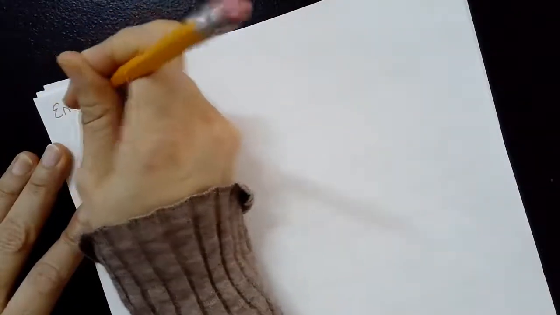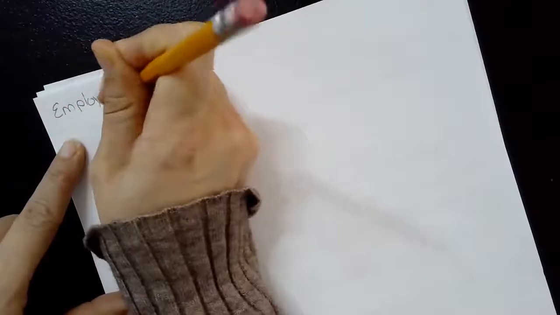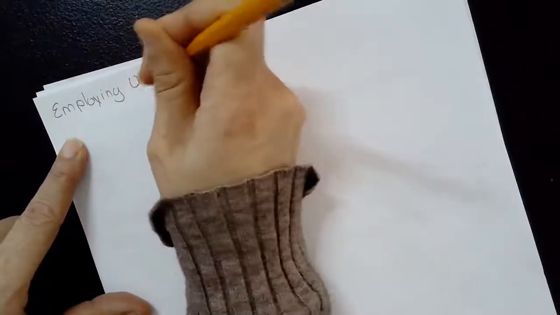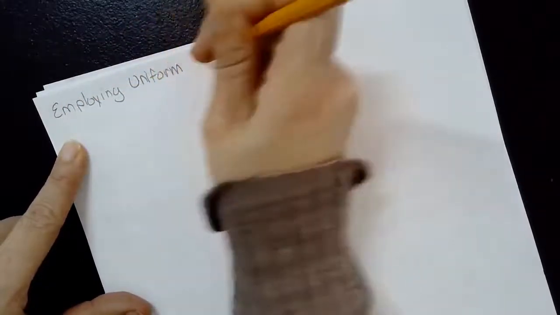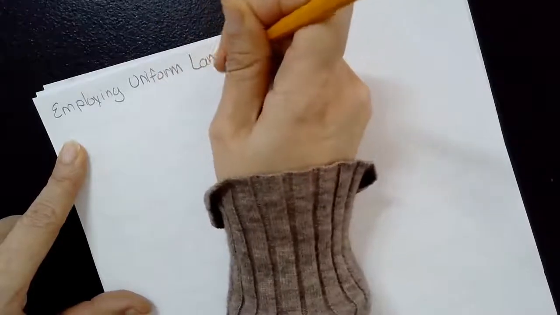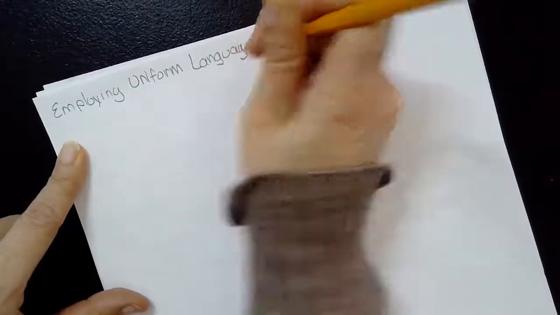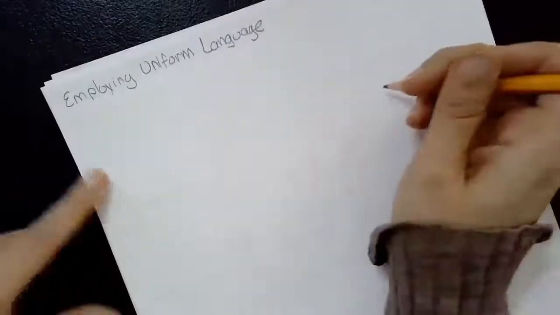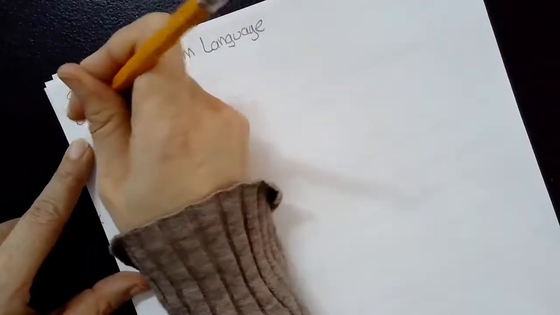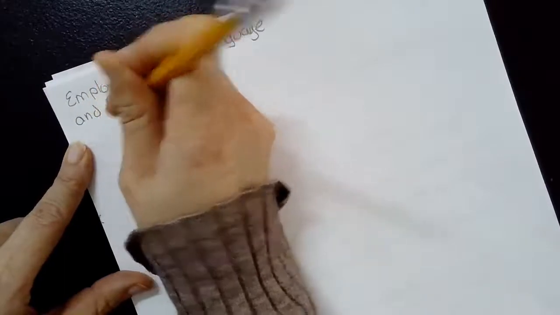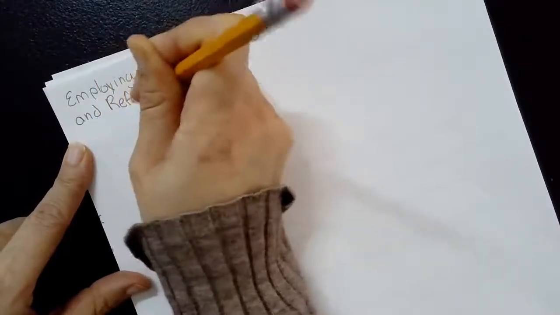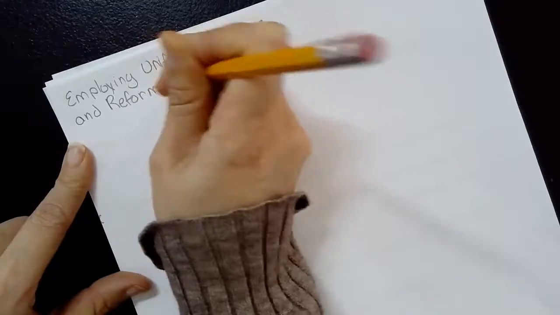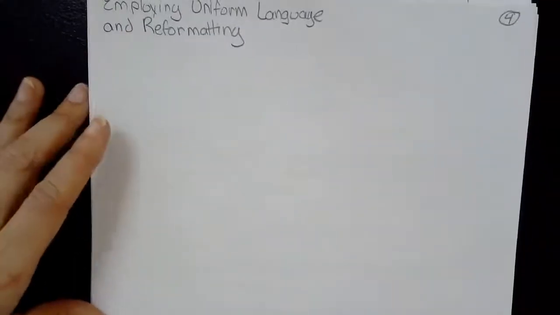So I'm going to say employing uniform language. And this is page 4, by the way, so let's put a 4 like that. Employing uniform language and reformatting. So this terminology should sound familiar to you because these are terms that were covered in the Soft Talk module.